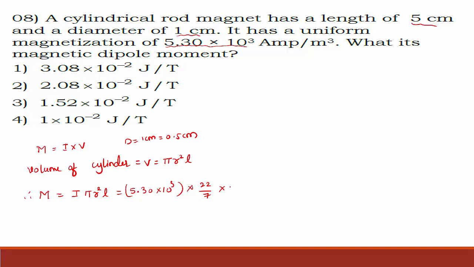So radius we can write 0.5 into 10 raised to minus 2, square, into length is given 5 centimeter, so we can write 5 into 10 raised to minus 2. So calculate all these values. We will get the magnetic dipole moment M nearly equal to 2.08 into 10 raised to minus 2. That means option 2 is correct.